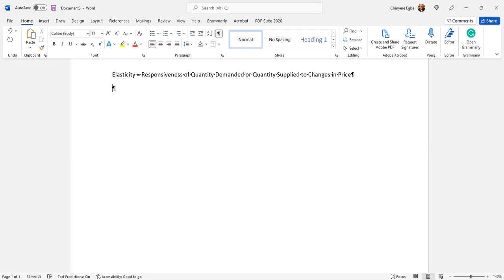So how do we measure elasticity? We take the percentage change in quantity over the percentage change in price.